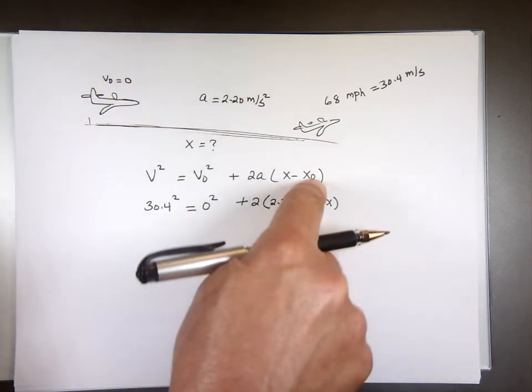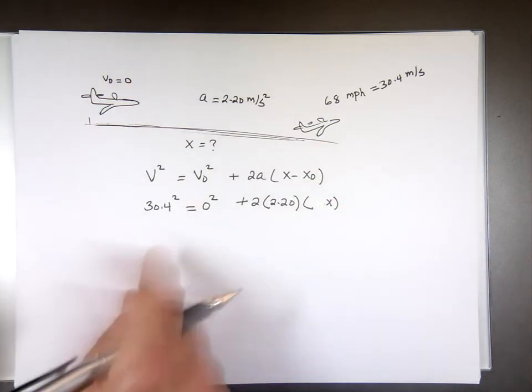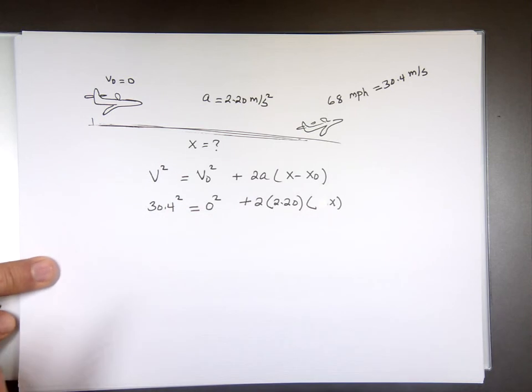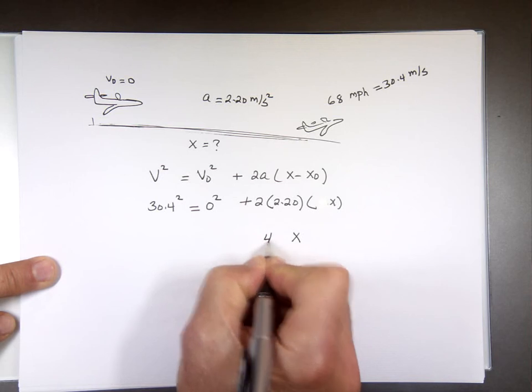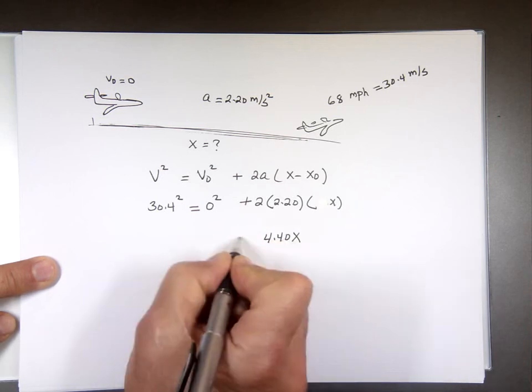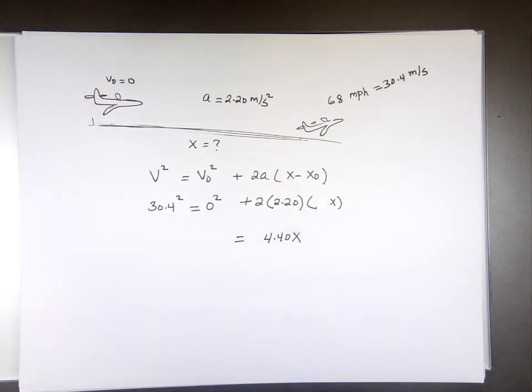How many unknowns do you have here? Only one. 4.40x is equal to what? 30.4 squared. That's roughly 922.